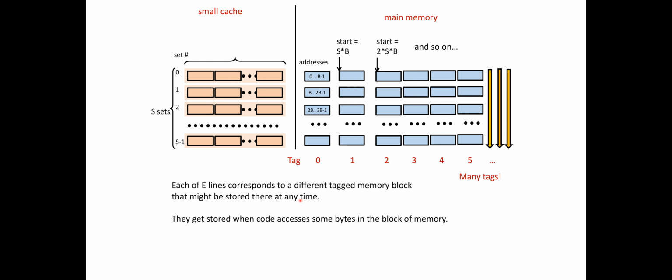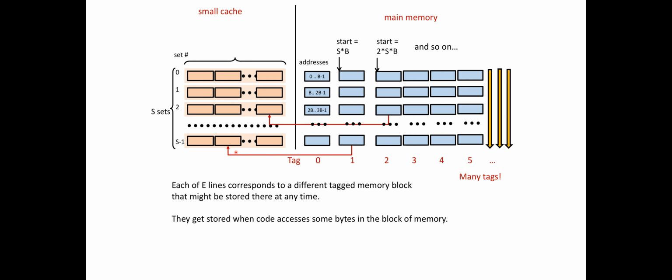So each of the E lines corresponds to a different tag memory block that might be there at any time. Any of the blocks here with any tag might be over here at any point in time. So, for example, if your code wants to access some byte in this block, well, this block at set S minus 1, tag 1, might be stored in this line. It could be stored in one of the other lines, so it could be any of them.